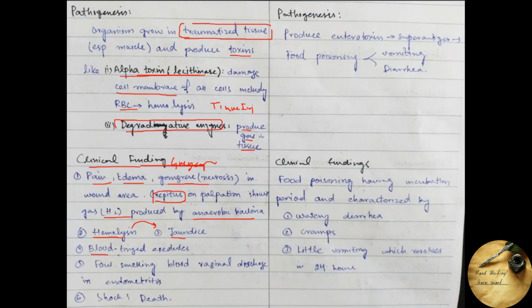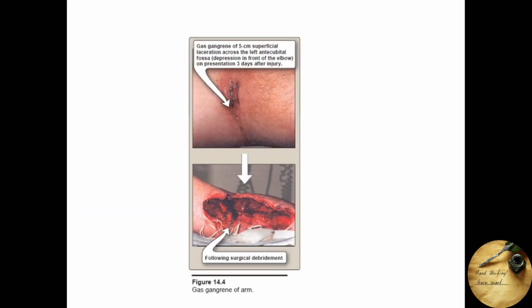There are also blood-thin exudates in many areas, and as we have discussed, gas gangrene is also associated with endometritis or septic abortion, so there will be foul-smelling bloody vaginal discharge, and if untreated it can cause shock and death. This is the picture of gas gangrene caused by Clostridium perfringens.